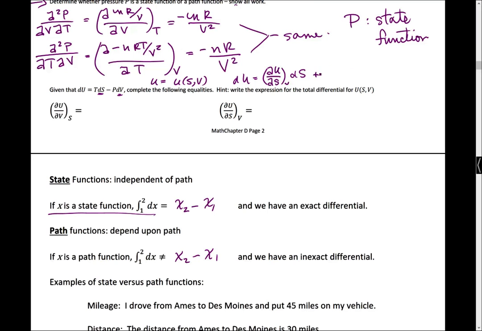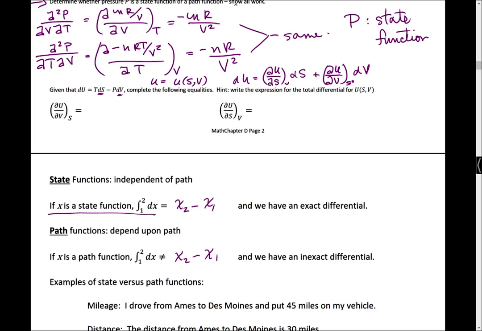And then in addition, this system energy depends upon the volume with this second term, and in this case we have to hold the entropy constant. So as long as we know that the energy depends on these variables, I can write this total differential.